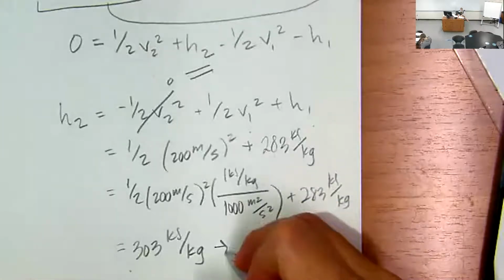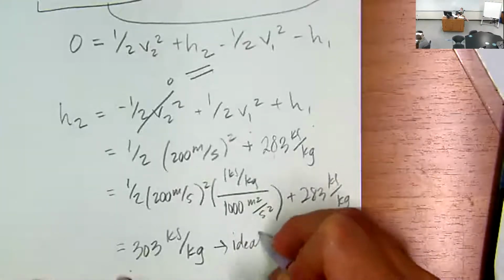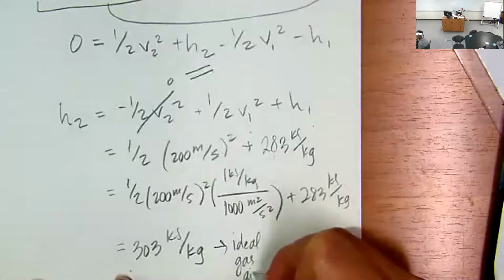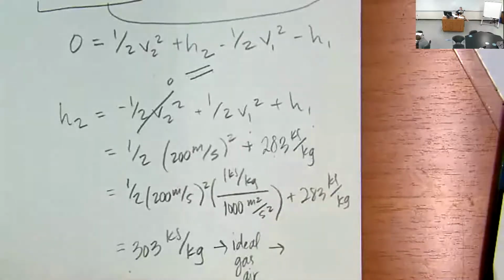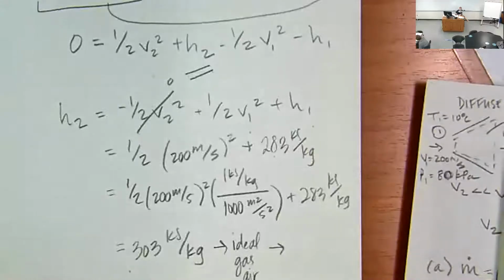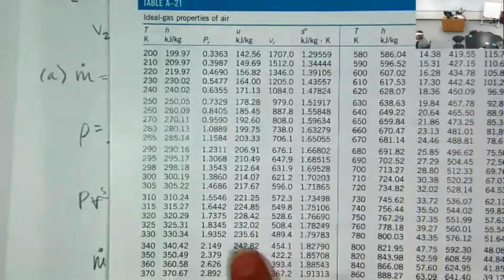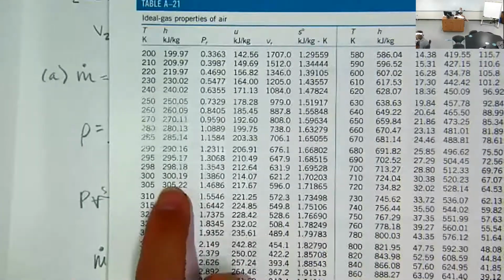So therefore, we can go back to the ideal gas air table and figure out what temperature this corresponds to. So if I go back to table A21 or A17, whatever it is in your book, and I look for my enthalpy value of 303, I'm going to be right between these two.